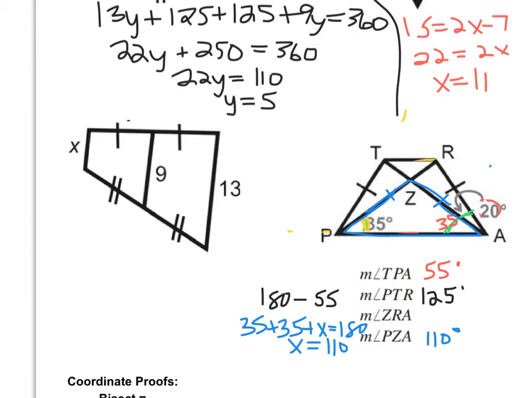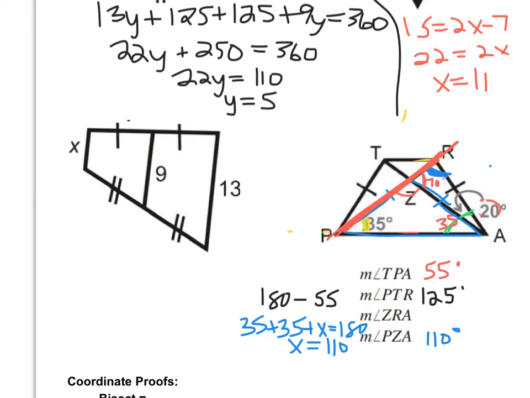So the last thing that I want to do is find ZRA, which is this one kind of at the top. So there's a couple ways to do it. Since I just found PZA, I'm going to do it this way. I'm going to look at this whole line, and if this angle is 110, then that means supplementary is this one would be 70.